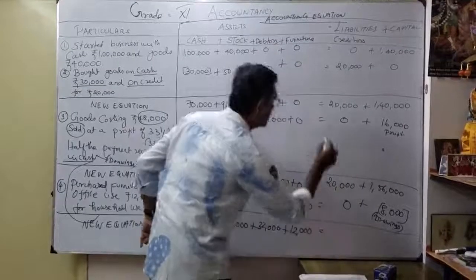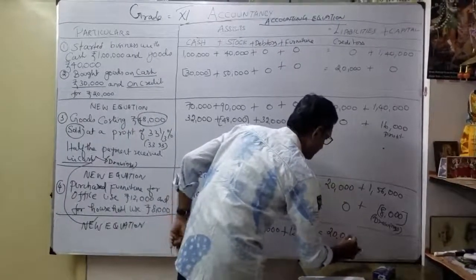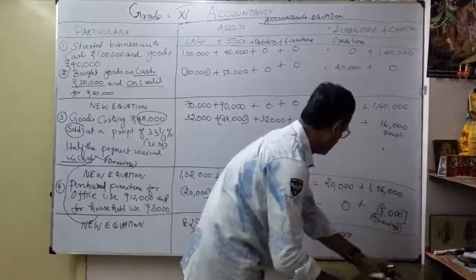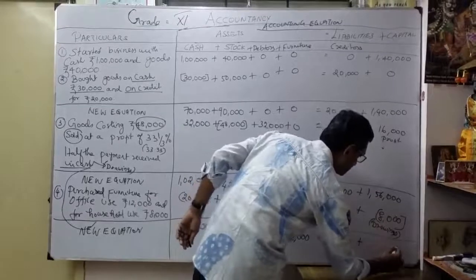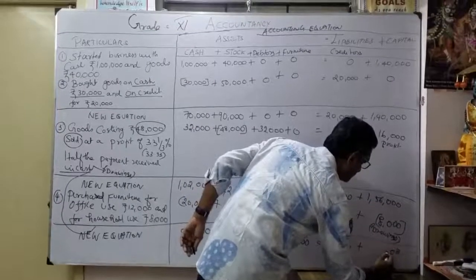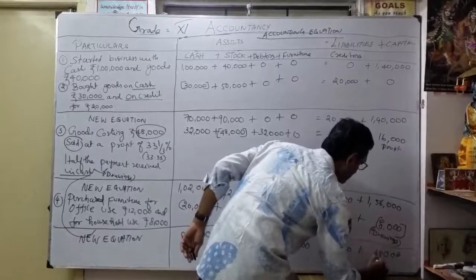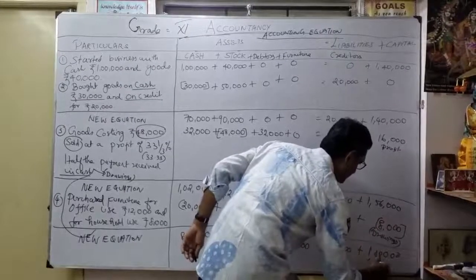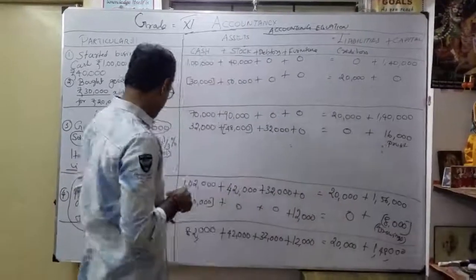Okay. Here similarly my creditors same, 20,000. Thereafter my capital how much? 0, 0, 0. 16 minus 8, 8. So naturally here 4. So how much? 1,48,000. Correct?